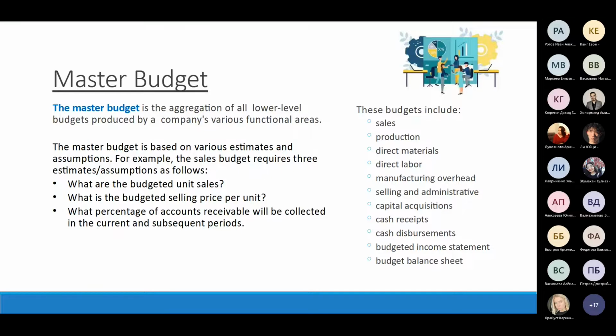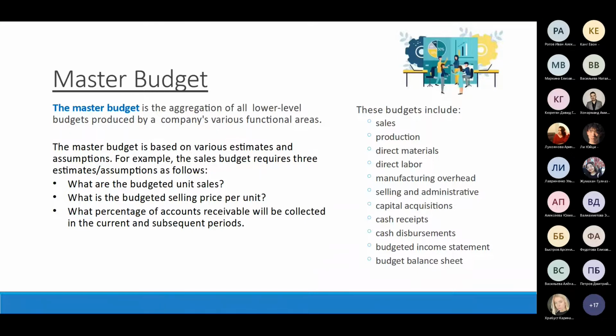The master budget is based on various estimates and assumptions, of course, because we never know what our future will be in detail, and sometimes we are right and sometimes we are not. For example, the sales budget requires pre-estimates. What are the budgeted unit sales? What is the budgeted selling price per unit?